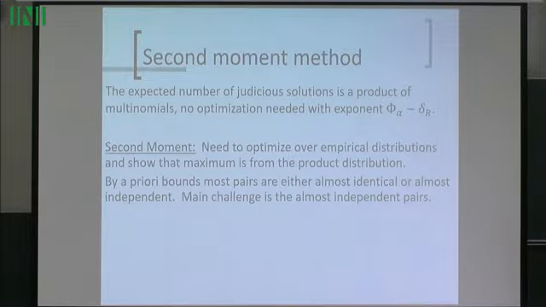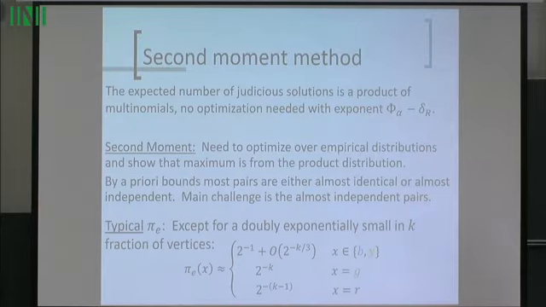Now, some straightforward calculations and bounds will say that most of the pairs are either basically identical or basically independent, and the ones that are basically identical are easier to deal with. So most of the challenge is with pairs of solutions whose distributions look fairly close to being independent. And so we want to show that the optimum really comes from pairs whose empirical distribution is really the product distribution.